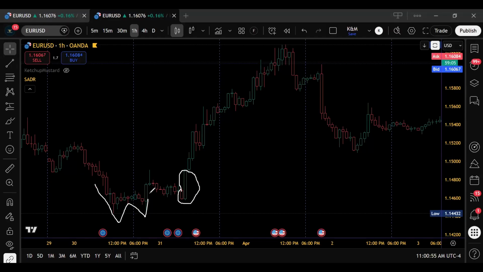There's a little one right there, which did the first shift. Could have entered there. Or there was one bigger W, which I tend to look for. And there was a bullish engulfing candle. Close of that candle, you could have entered here.